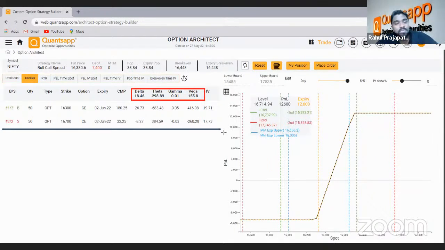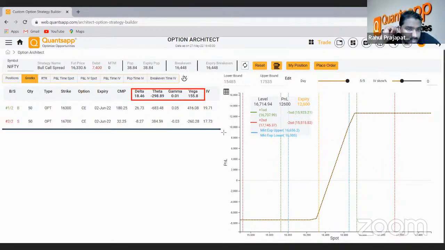Okay. Now, what is delta? Delta is basically the rate of change of premium with respect to an underlying move. So what will happen if there is a change in the underlying? It says that if Nifty moves up by 1 point, I'm going to make 18 rupees. Let's say if Nifty moves up by 100 points, I'm going to make 1,800 rupees, right?